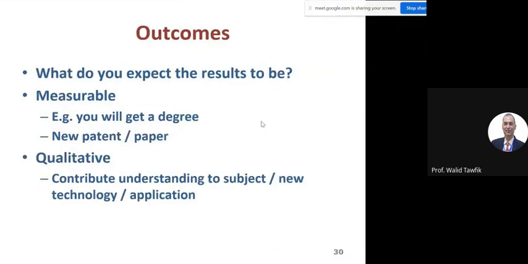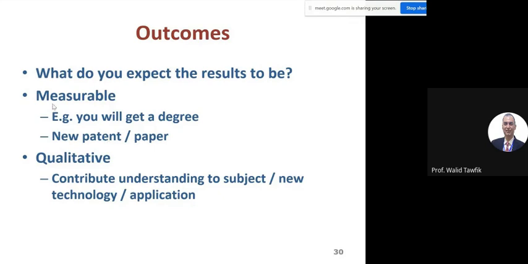Outcomes. The outcomes express the expected result. The expected result has two groups: the measurable and the quantitative group. The measurable will be something like degree or intensity or concentration or whatever.